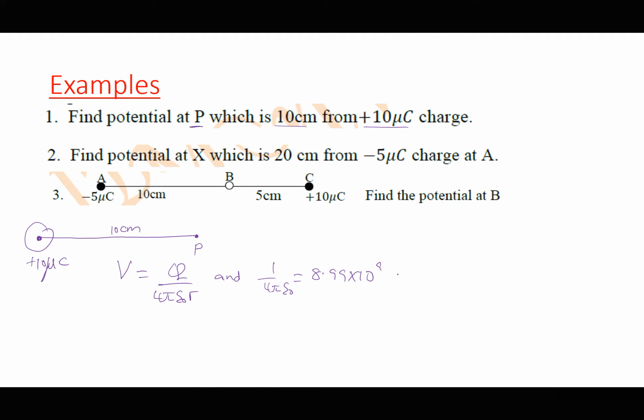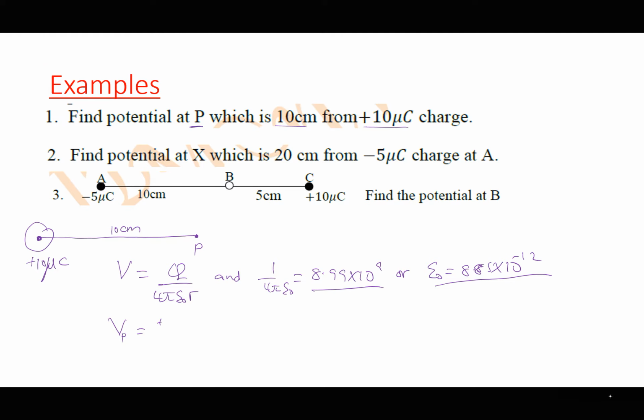Or if you don't want to use that, you could also use epsilon naught being equal to 8.85 times 10 power negative 12. This quantity is given, but I'm sure this one is not given. So whichever is easier for you, you can always use it. So the potential at P would be the charge creating the field, that is positive.